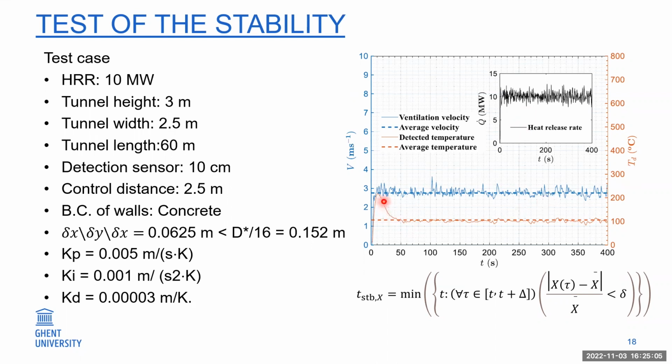The orange curve is the evolution of the detected temperature. After the fire occurs, the detected temperature rises first, and then after the ventilation system starts up, the smoke is pushed back and the temperature decreases as well.